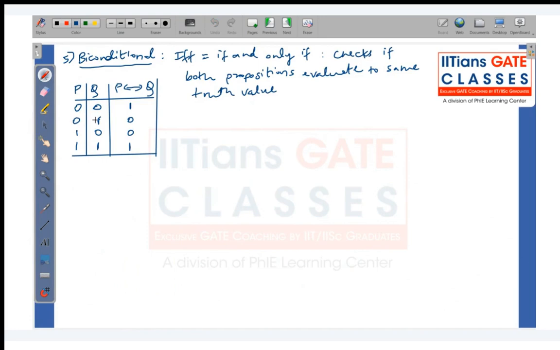Here the false and true value is also a problem because Q implies P is also evaluated. So I can write one statement here: P biconditional Q is equivalent to P implies Q and Q implies P.